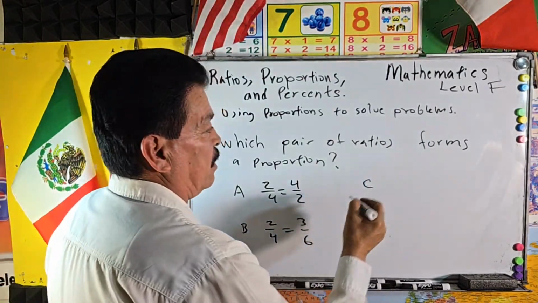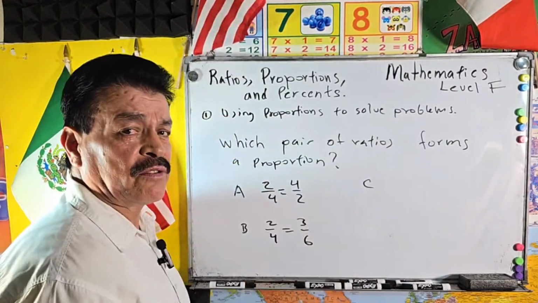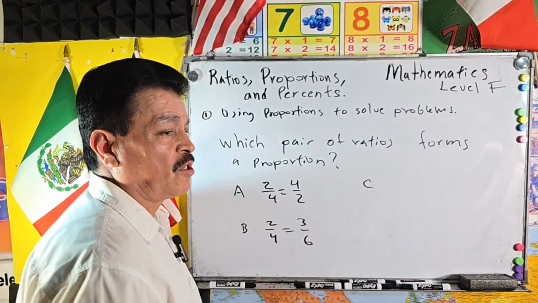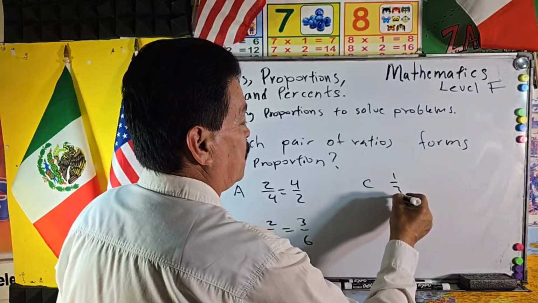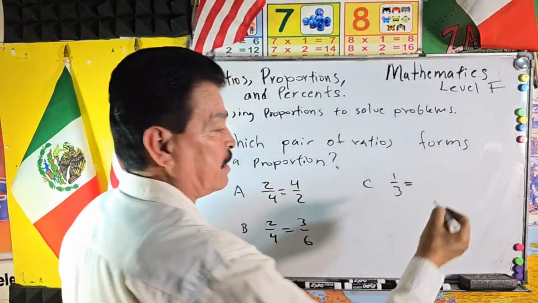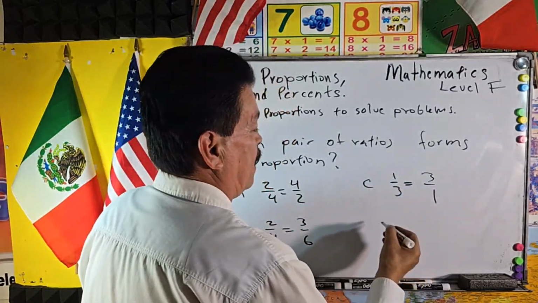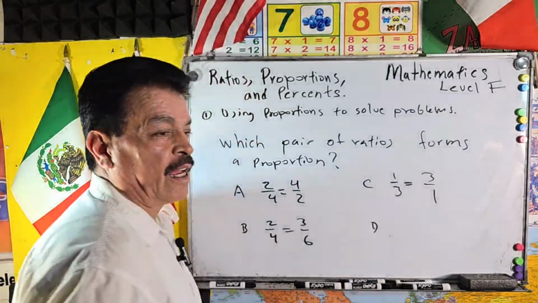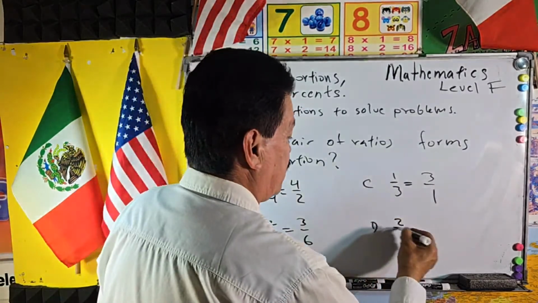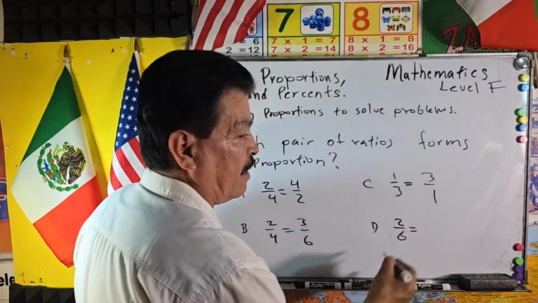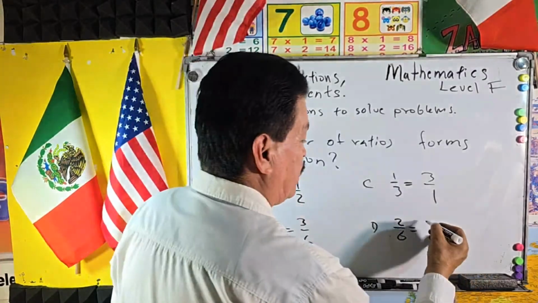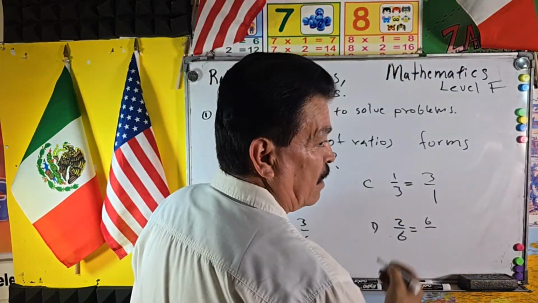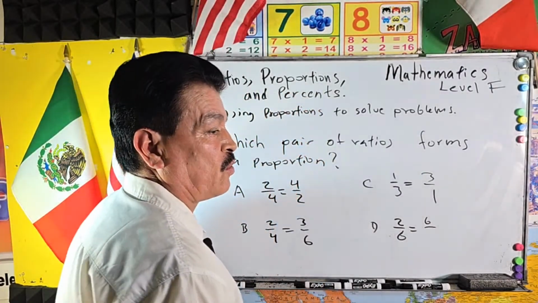C: usually we have four possible answers, 1/3 equals 3/1. And then D: 2/6 equals 6/12.